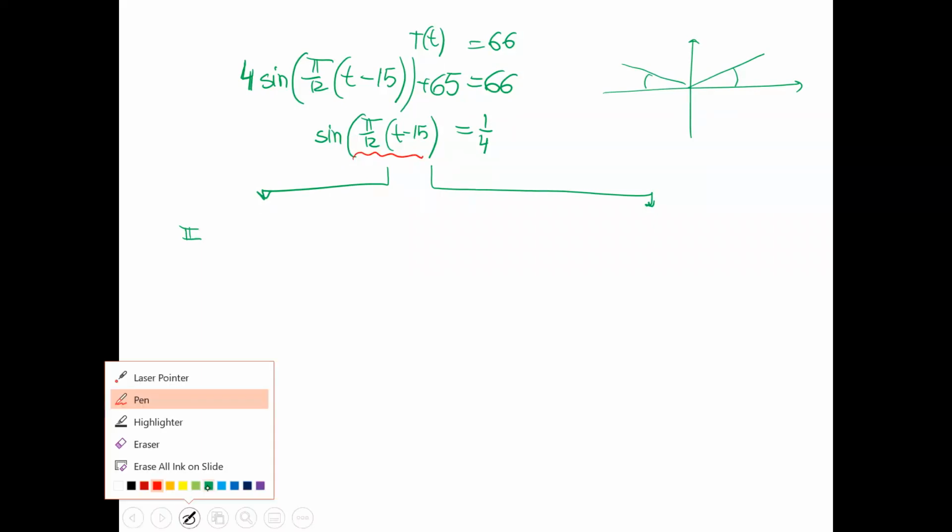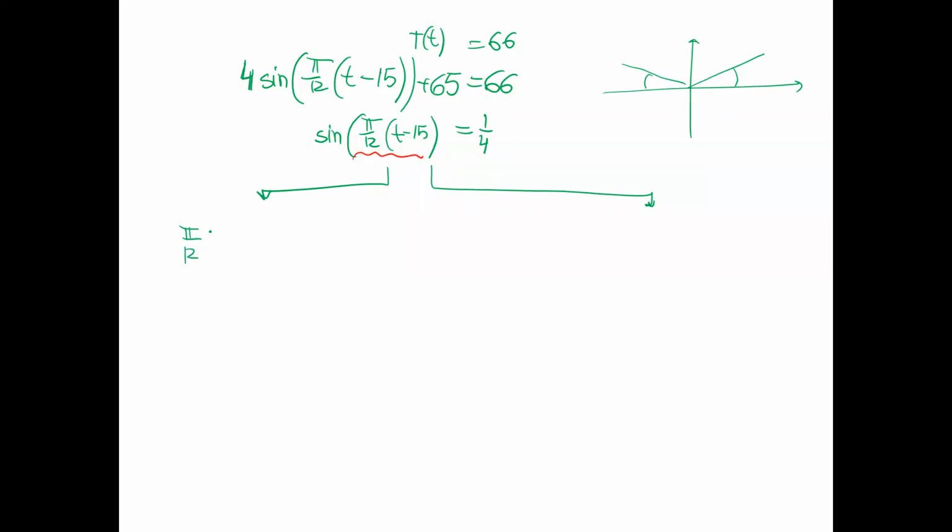Theta, pi over 12, t minus 15, equals basically inverse sine of 1/4. Now the second option is theta, pi over 12, t minus 15, equals, we remember, pi minus inverse sine of 1/4.